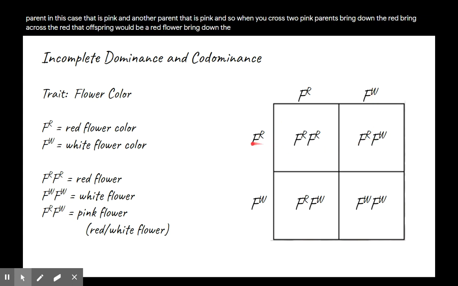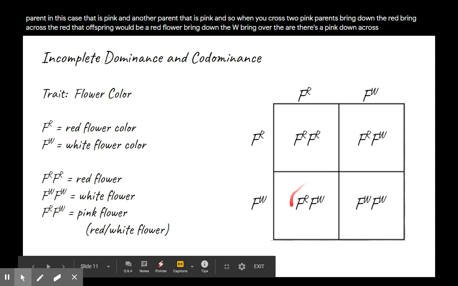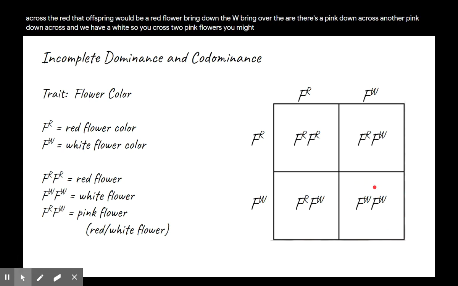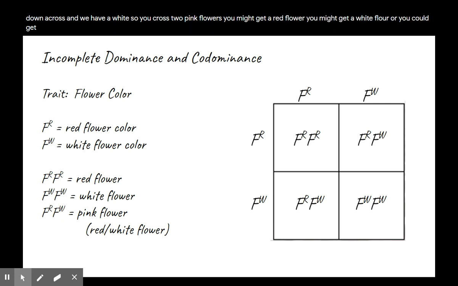Bring down the W, bring over the R, there's a pink. Down, across, another pink. Down, across, and we have a white. So you cross two pink flowers, you might get a red flower. You might get a white flower, or you could get more pink. 25% red, 25% white, 50% pink as the probabilities.